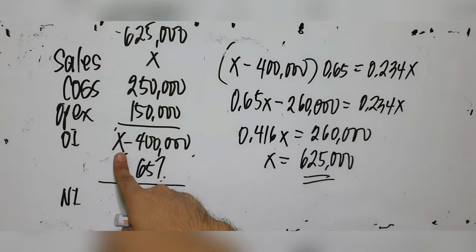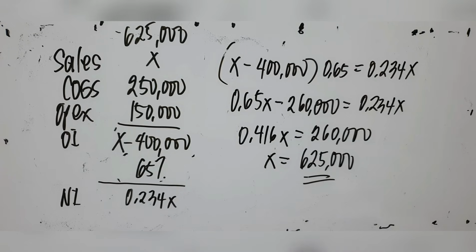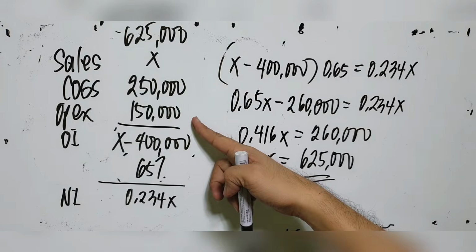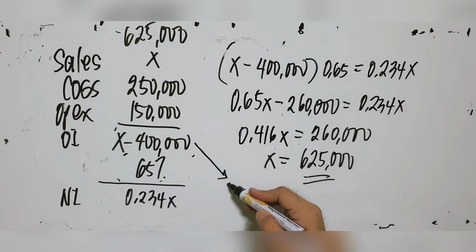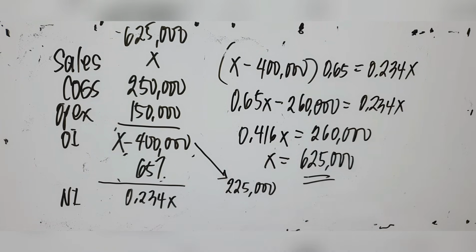So, itong operating income natin would be how much? Check natin. So, 625 minus 400, the operating income is 225,000. Okay? Magkano income natin after tax? So, multiply natin ng 65%. So, that would be how much? 225,000 times 0.65. Oops. 225 times 0.65.